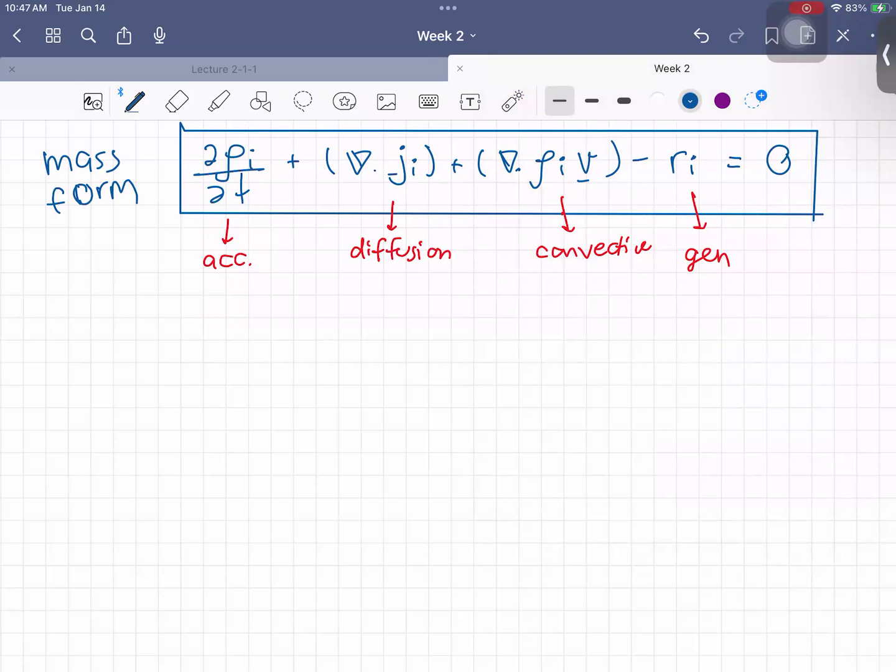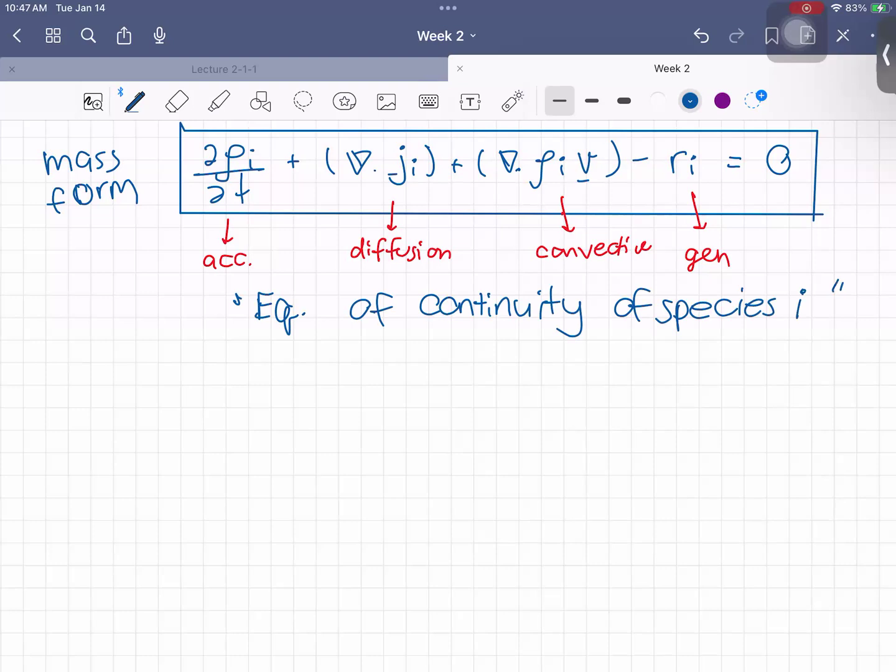So we're going to convert this equation into molar form too, because in most cases, the problem gives you the value in terms of concentration in molar form rather than mass form. Okay. This is the equation of continuity of species i.